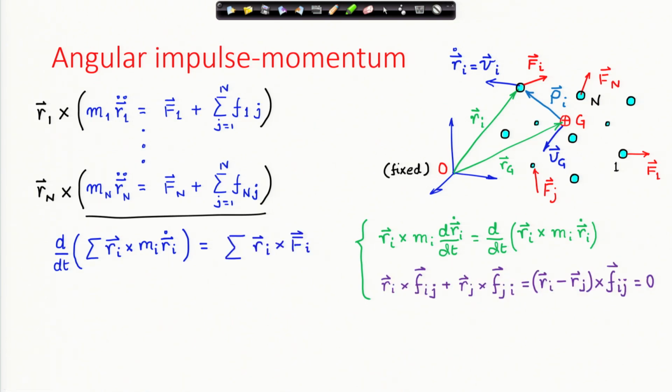On the right hand side, I have the summation of r_i cross f_i. Now, the summation of r_i cross the sum of the internal forces, let us have a look at that. That will disappear because in that double summation I will have the summation of r_i cross, this is summed over i, this is summed over j, f_ij.